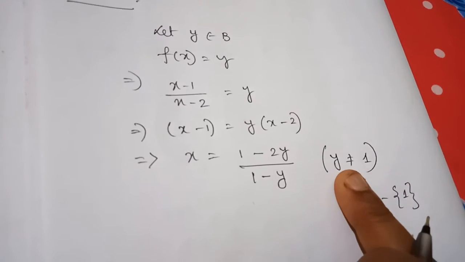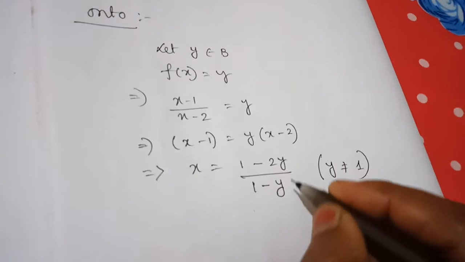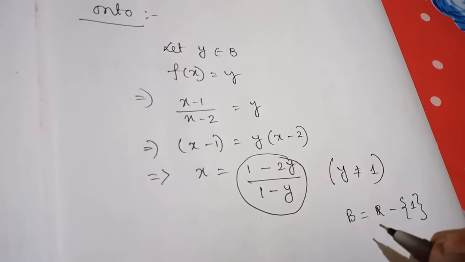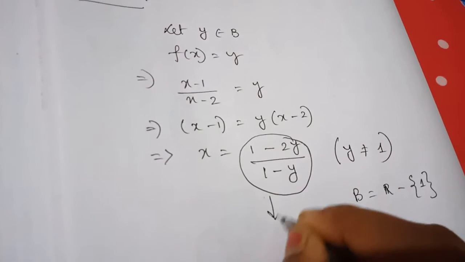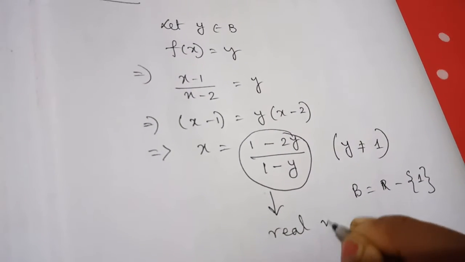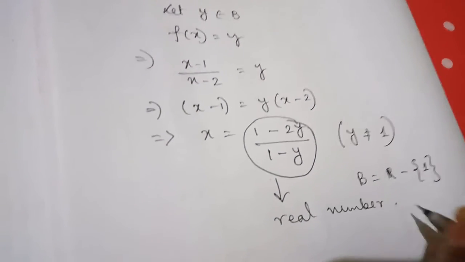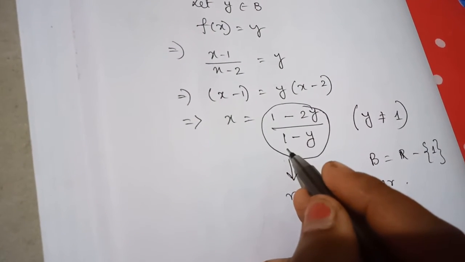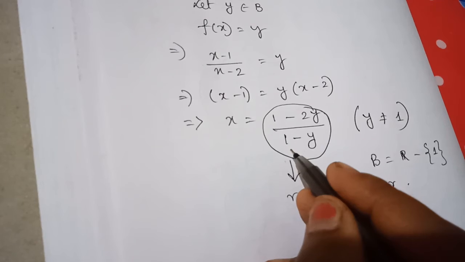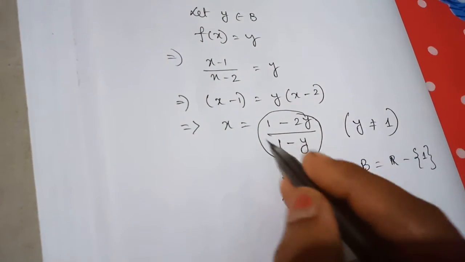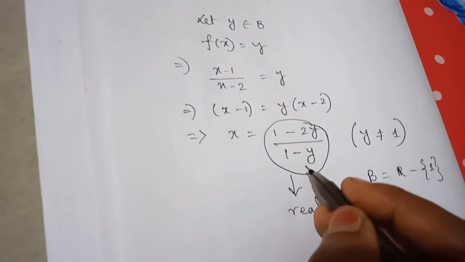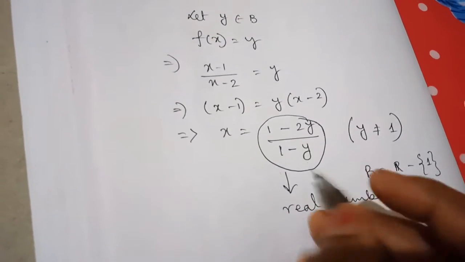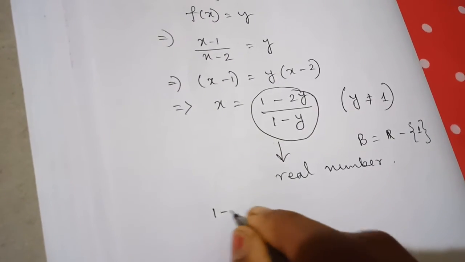So if y is not equal to 1, that means this is a real number. Now obviously this is not equal to 2, because if we take this equal to 2, then we will get 1 = 2. So this will not be equal to 2 also.